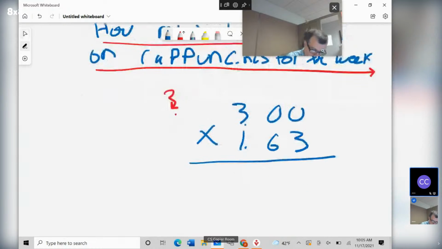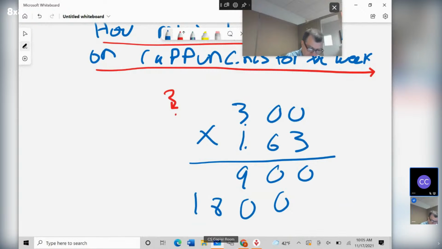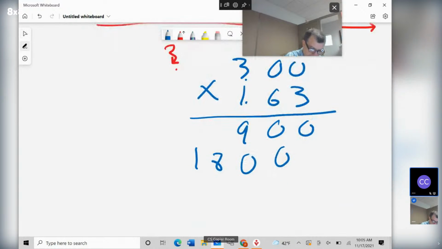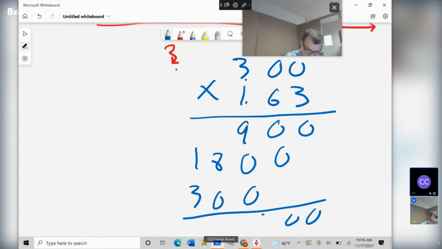We have 3 times 0, 0, 3 times 0, 0, 3 times 3 is 9. 6 times 0 is 0, 6 times 0 is 0, 6 times 3 is 18. And then 1 times 0, 1 times 0, 1 times 3. So 0, 0, 9, 8, 4.